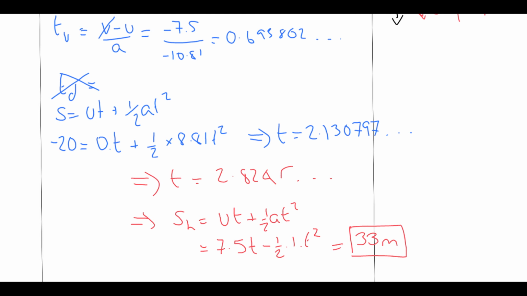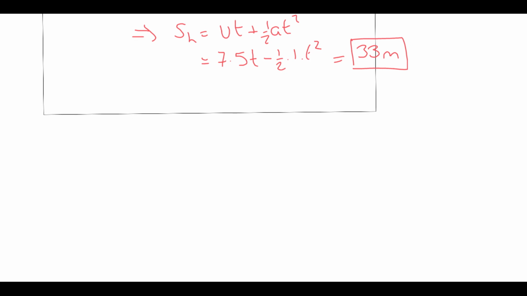In terms of the vertical velocity, we can work out what that would be. We're going to use v equals u plus at. When it's at the top of its motion, its vertical velocity is 0, so we can get rid of that.